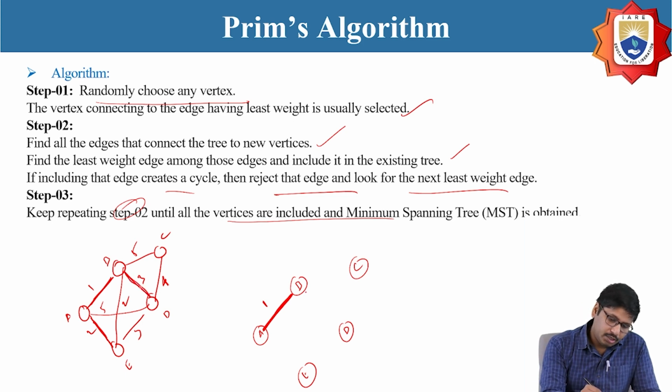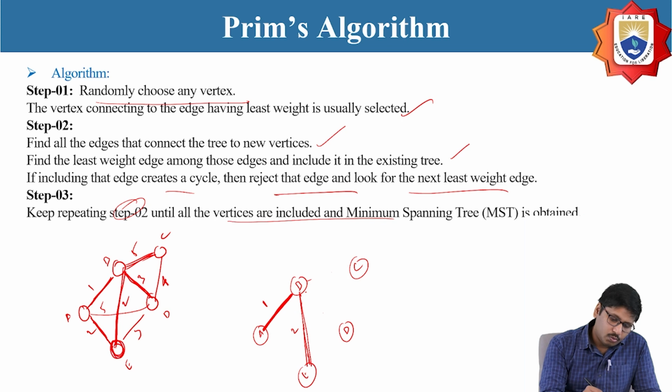I can select either 3, or 2, or 5. So this should be 3, this should be 5, and this should be 2. Among these I'm going to select the minimum one, so that's why I'm going to select 2 here. So B is selected.